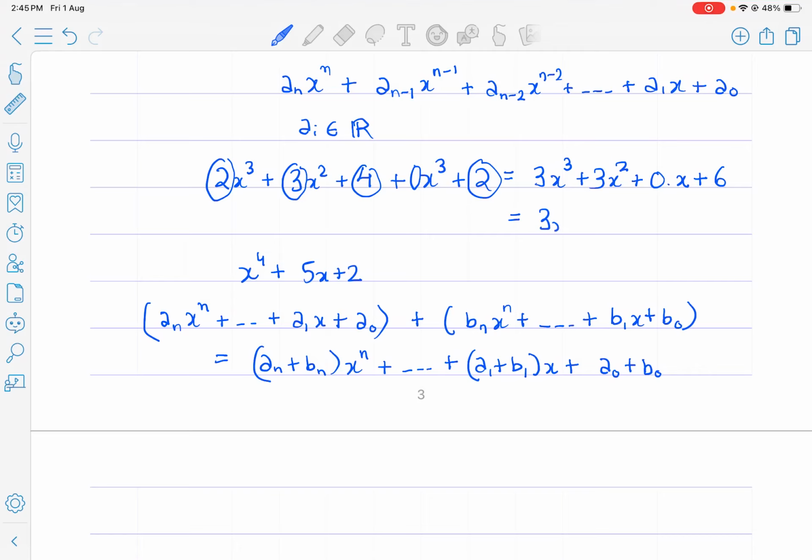So we get 3x cubed plus 3x squared plus 6. This is what we will get.